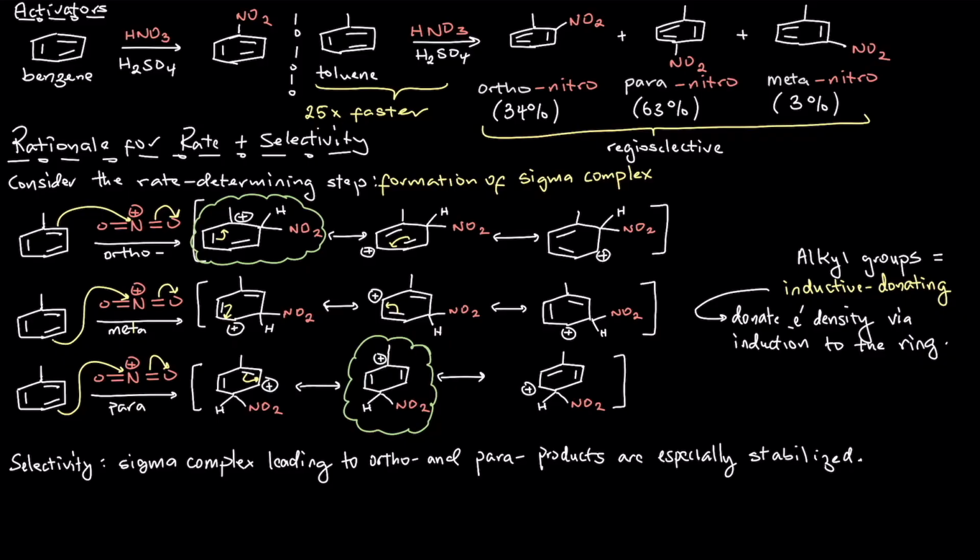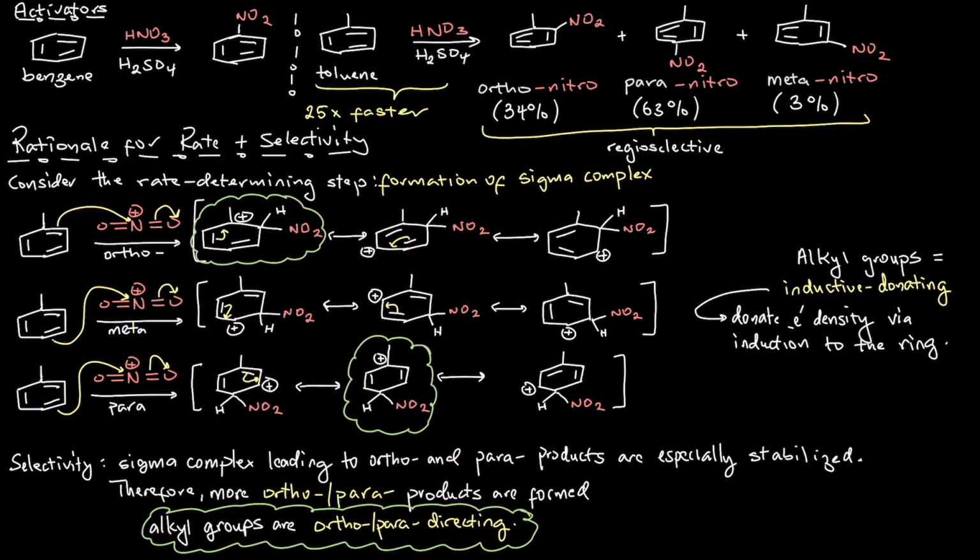Which is to say that the sigma complexes leading to the ortho and the para products are especially stabilized by your toluene methyl group, where you do not see that in a meta sigma complex. Notice in this meta sigma complex, the positive charge is never at the carbon bearing that particular alkyl group. Therefore, more of the ortho-para products are going to be formed in this reaction.